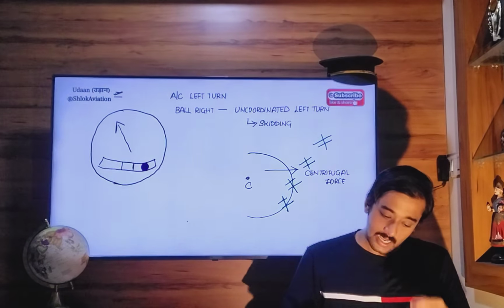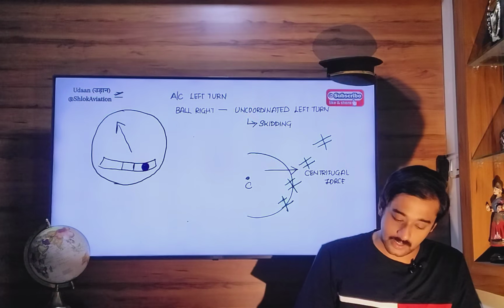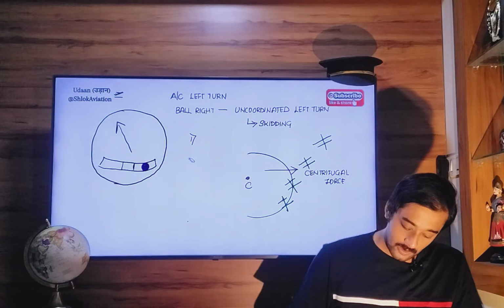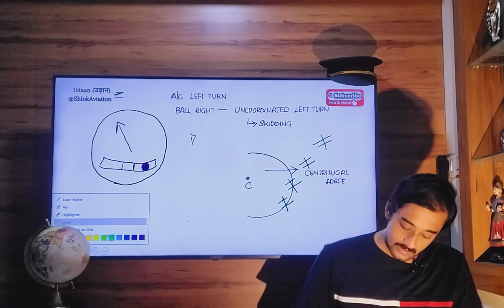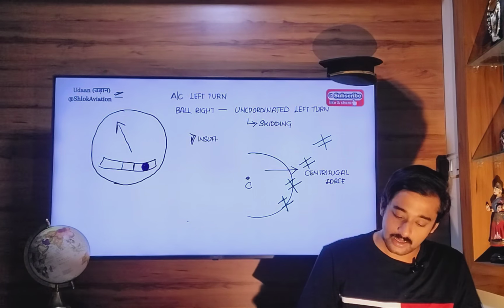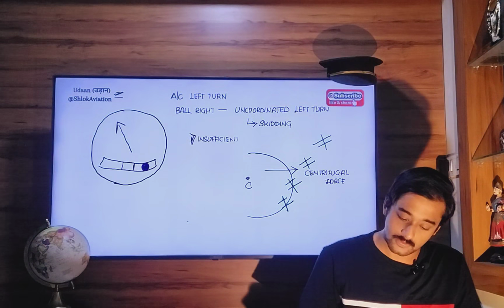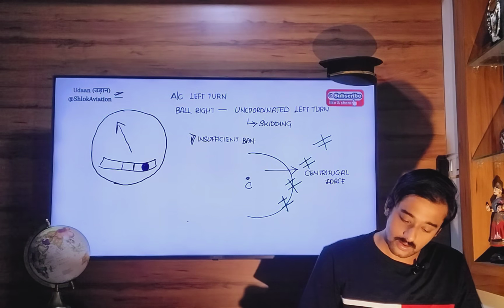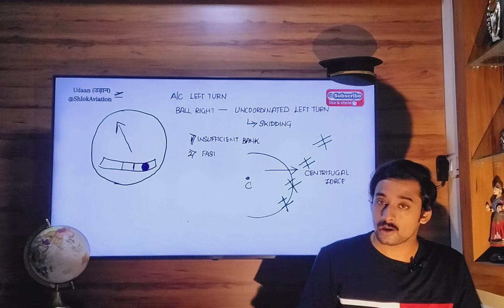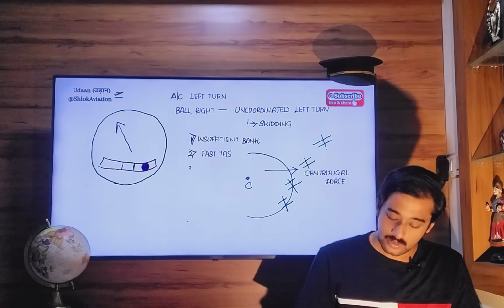Skidding happens because you are not making your turn with sufficient bank angle. So if you have an insufficient bank angle, your aircraft will skid. If you are flying very fast, again you will skid.